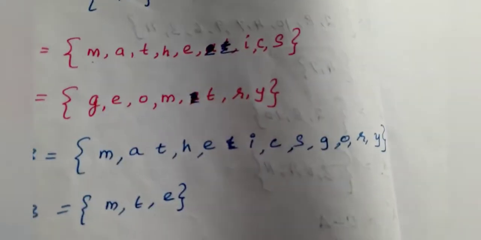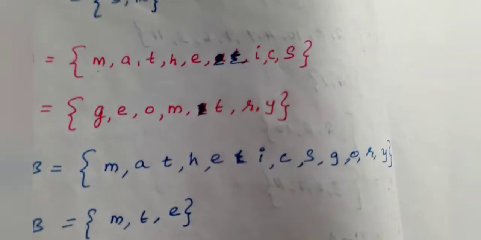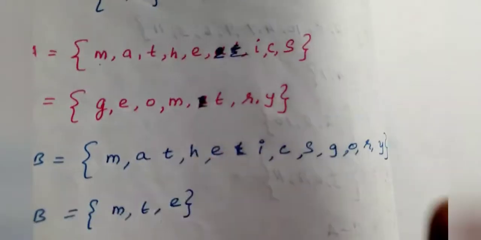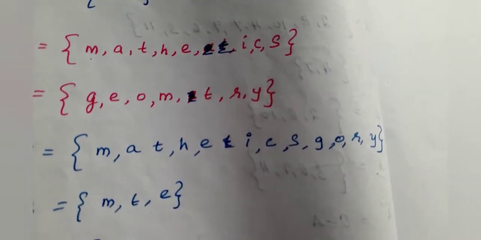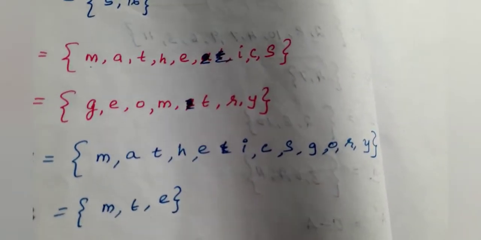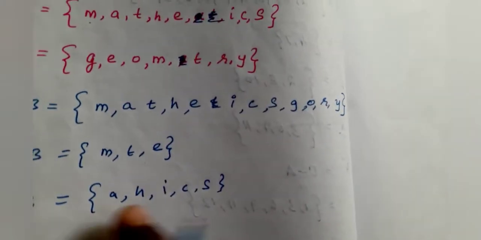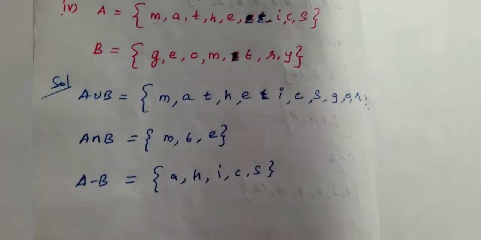Here A is not repeating, and T is repeating, so avoid. H, E is repeating, so just avoid. And the non-repeated letters are I, C, S. So A, H, I, C, S is A minus B.